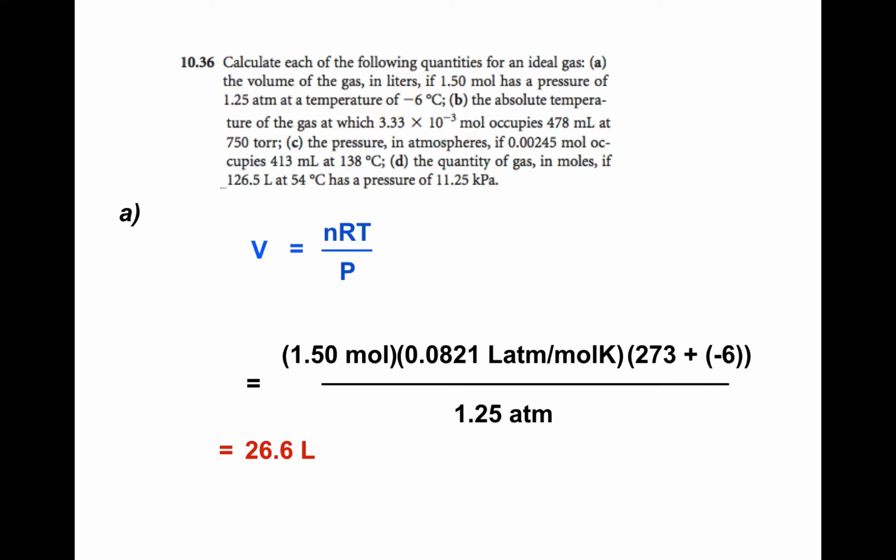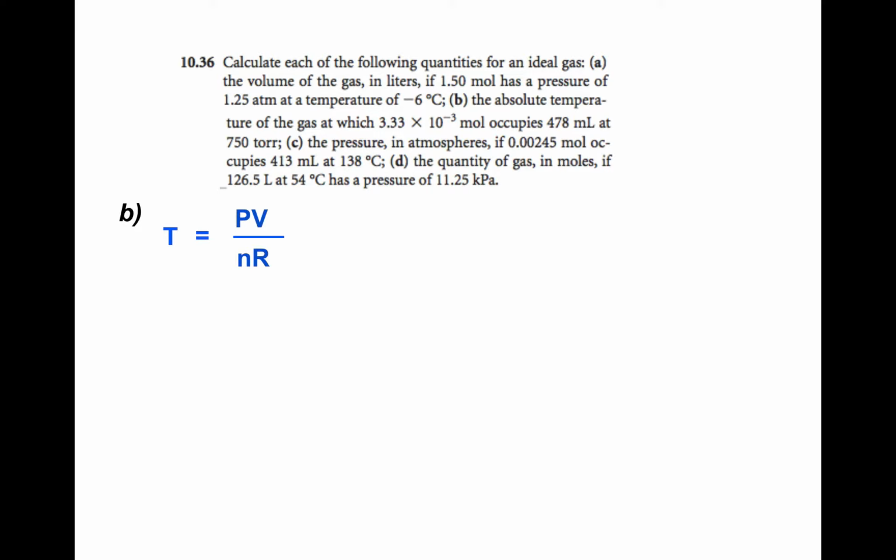So this time we're solving for temperature of a gas in which we have 3.33 times 10 to the minus 3 moles at a volume of 478 milliliters. We'd have to get that in liters. At 750 torr. Well, if we're going to use R, we've got to get torr into atmospheres. So we're rearranging PV is equal to nRT to solve for T, so divide both sides by nR.